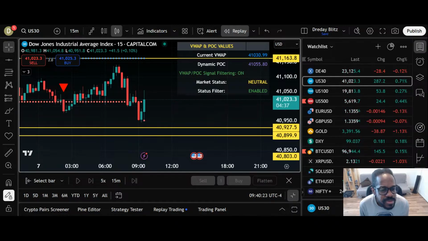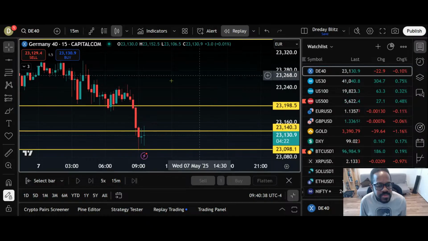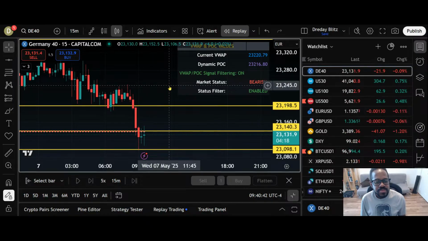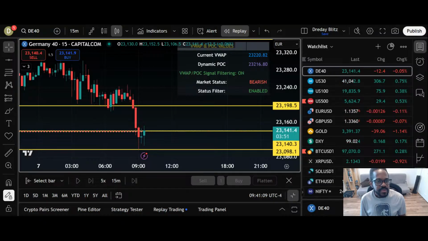So we'll see how the price is reacting here overall. Just have to wait and see what we have.